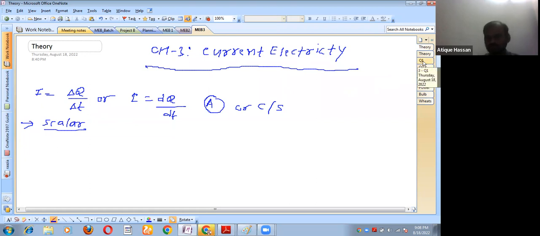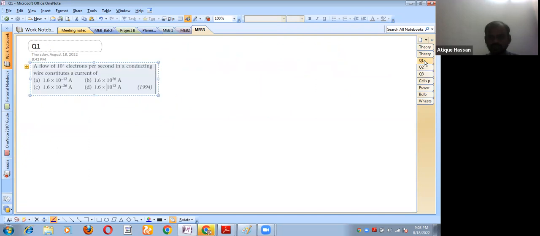So let us do the first question, which is from NEET. All of you solve this question. This is very basic, based on the definition. All of you attempt this question and we will see.